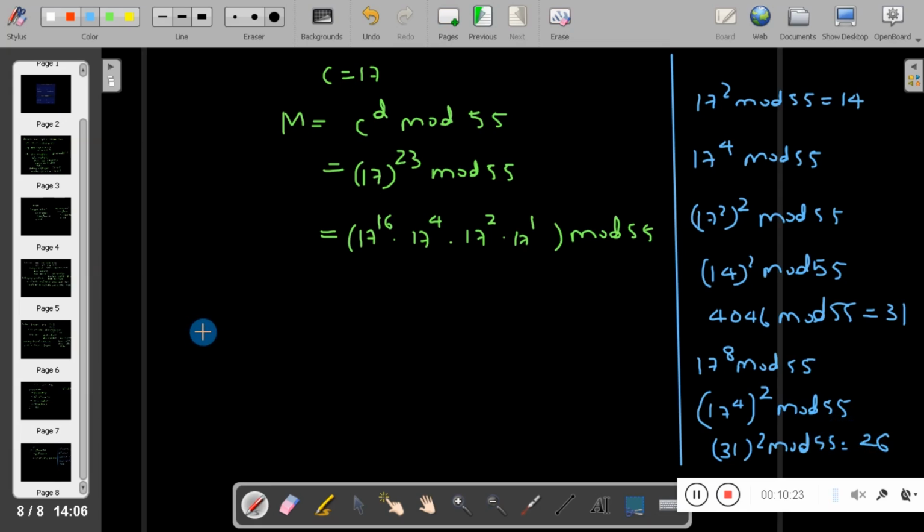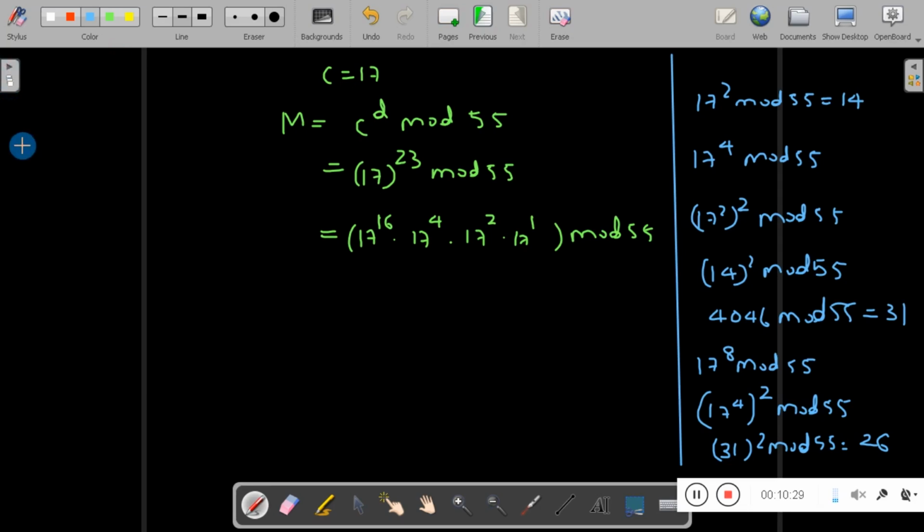Similarly, you need to calculate 17 raised to power 16. So let me write here.